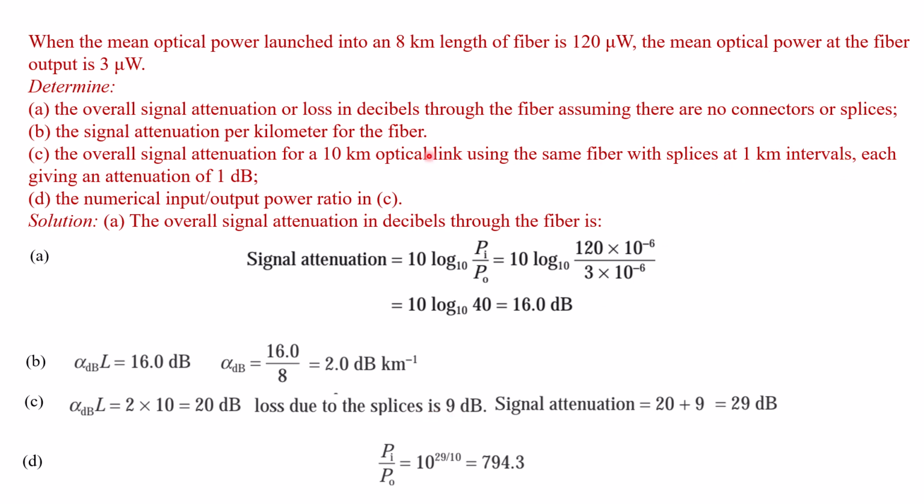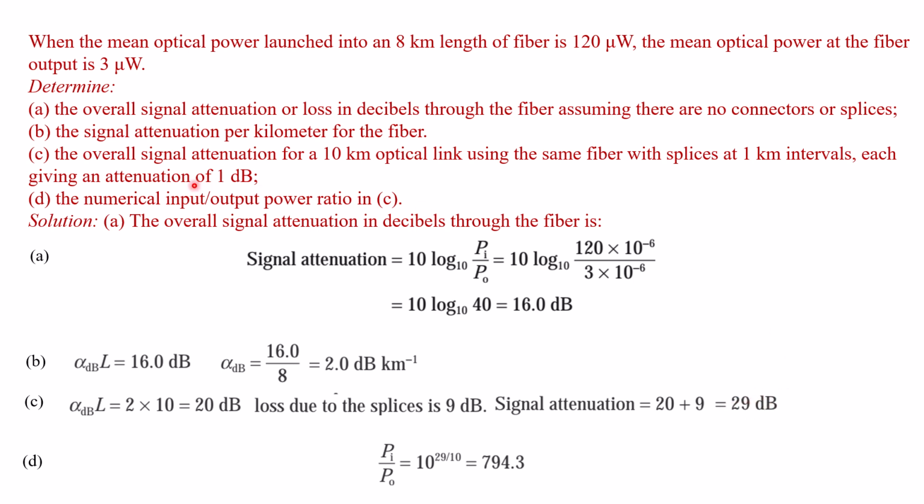Because within this 10 kilometer, the splices are done at 1 kilometer intervals. So a total of 9 splices are required, each giving 1 dB loss. So the total loss will be 9 dB for splicing. So the total signal attenuation will be 20 plus 9, that is 29 dB.